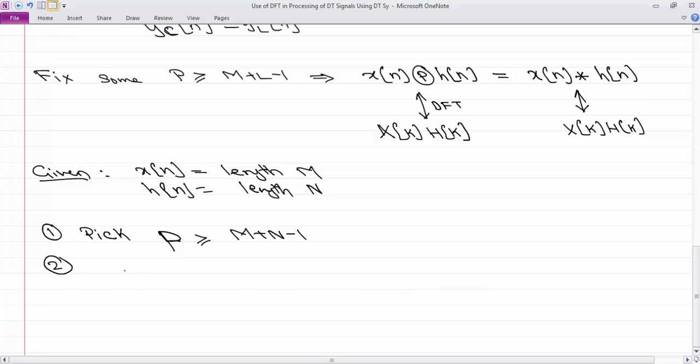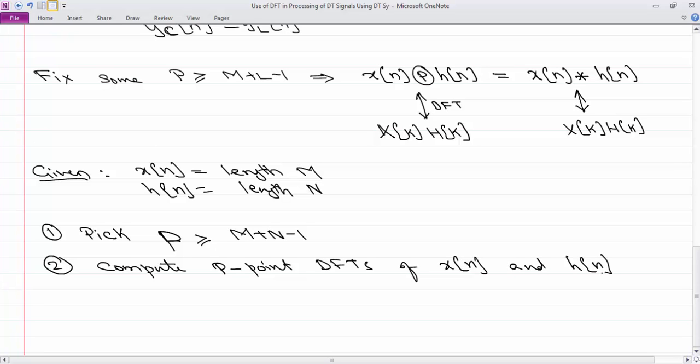Now, the second thing is then you compute P-point DFTs of x[n] and h[n]. The third step will be you multiply the two.